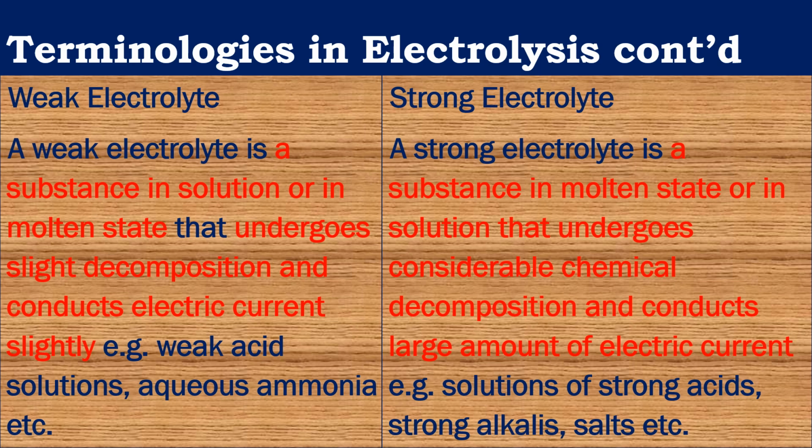Whereas the strong electrolytes are those substances that, whether in molten state or in solution, undergo considerable chemical decomposition and also conduct large amounts of electric current. They are the ones referred to as the strong electrolytes. What are the examples? We have solutions of strong acids, solutions of strong alkalis, salts, and so on and so forth.